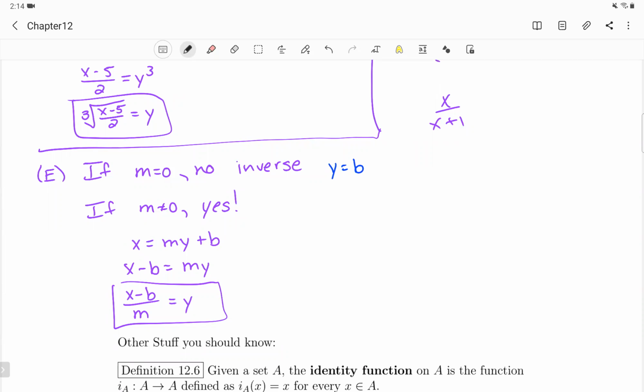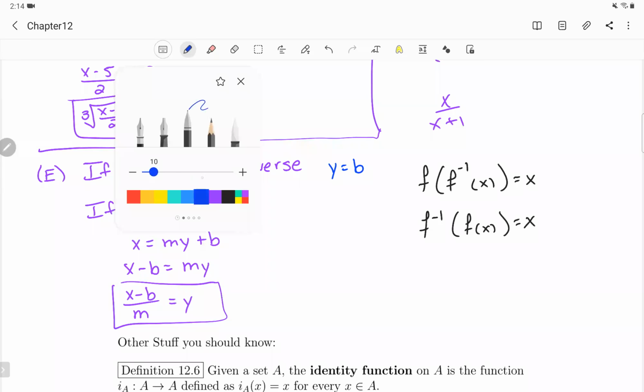Okay, so from high school, if you have f and f inverse and you compose them, you get x. And it has to work both directions. Okay. So that's one way to check your answer. Let's do that with this last one because that's the easiest one.